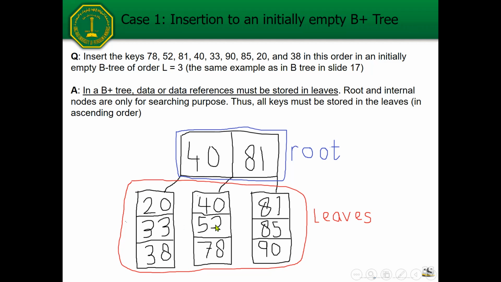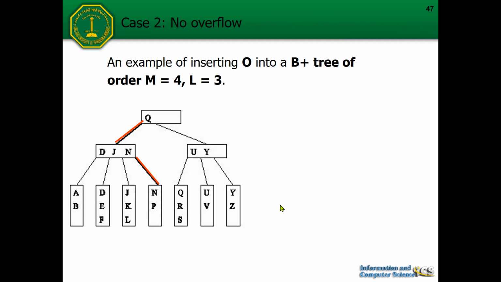As there are three leaves, we only need to introduce one root with 2 keys. The value of the key can be borrowed from the smallest value in the right child. So for example, 40 from here and 81 from here. So this is one example of how to build a B plus tree from some input when the B plus tree is initially empty.